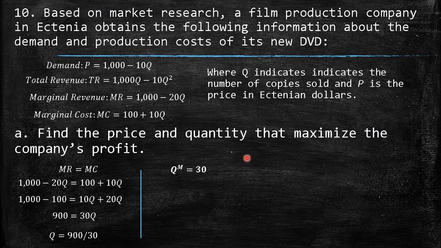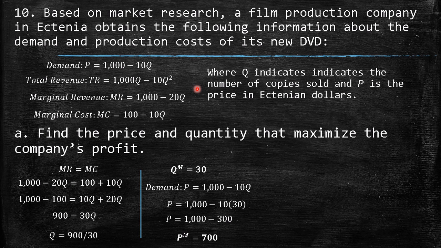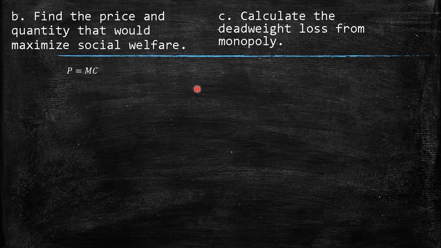Then remember, anytime we need to replace this in the demand, not in marginal revenue. So we replace 30 in the demand and the price of the monopolist is 700.